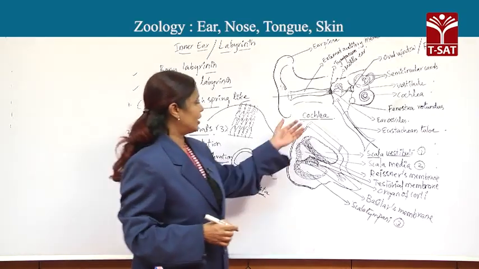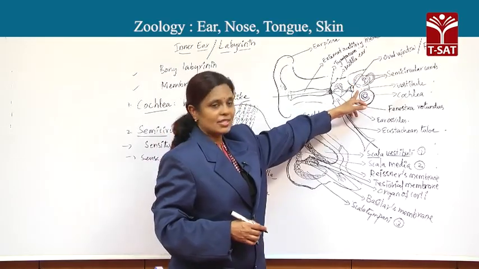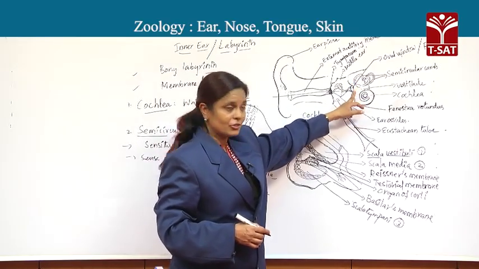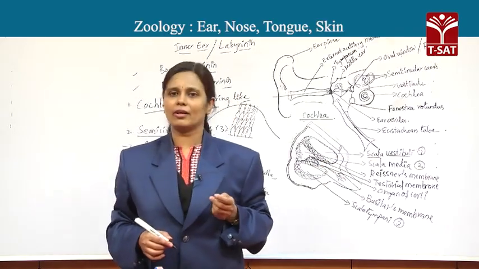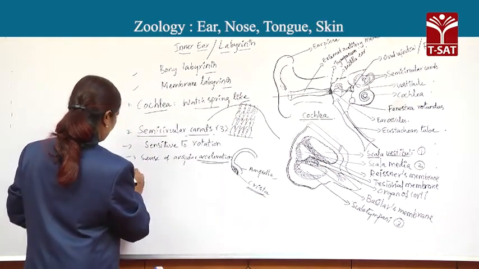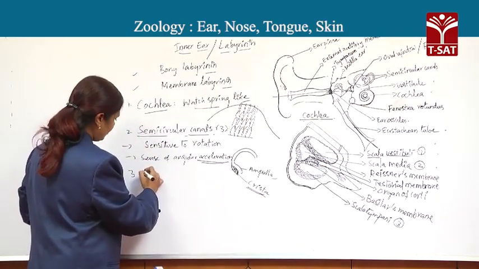What next? It is nothing but the vestibule, an oval shaped structure present between the semicircular canals and the cochlea. The third part of the inner ear.